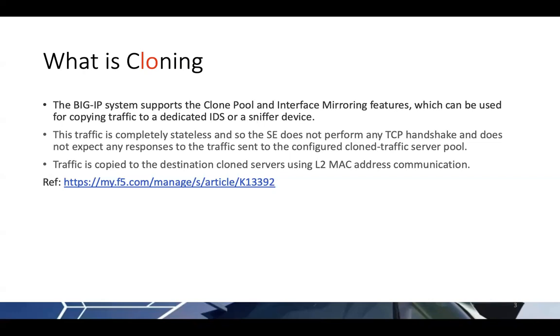That kind of traffic is supposed to be sent to those sniffing devices, the IDS or IPS. But again, the option to configure interface-based monitoring is also available, and the details are given in the reference link section which I've shown on my slide.